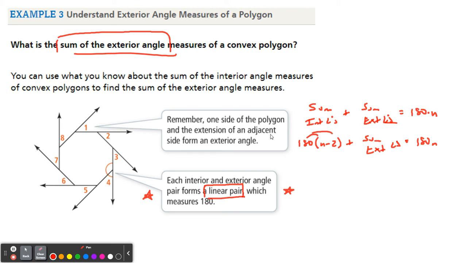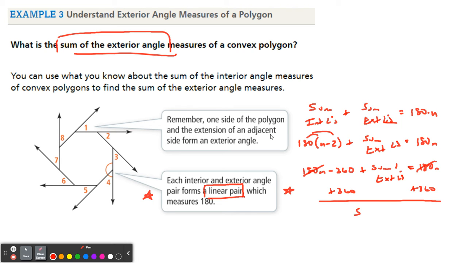Well, let's distribute the 180 to the n minus 2, so that's 180n minus 360 plus the sum of the exterior angles equals 180n. And you notice here that there's a 180n on both sides, so they're going to cancel. And let's move the 360 to the right by adding it.